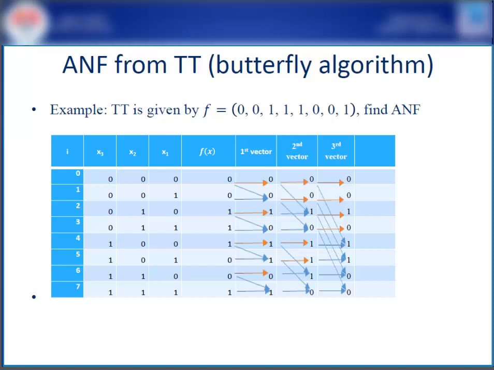You may have already noticed that in calculation by the butterfly algorithm there is some pattern. For the calculations in vector 1, we have one element rewritten and the second element calculated. For the calculations of the second vector, we have two elements rewritten and two elements calculated as a modulo 2 addition of these elements with the previous elements.